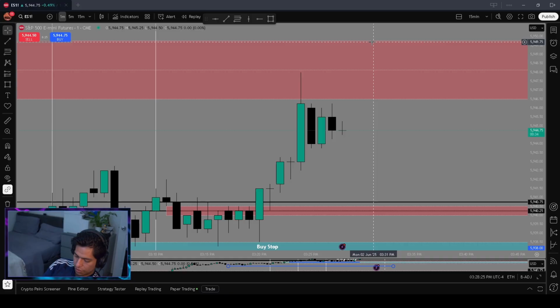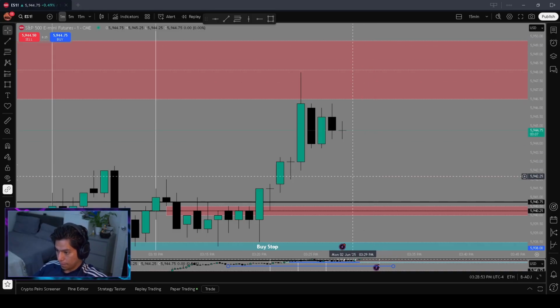So it reached close to 50% of that. And then we're also going to note the bodies of the candles closed below it, below the minus fair value gap. So that's what's occurring right now.